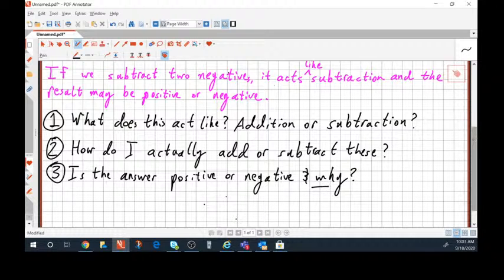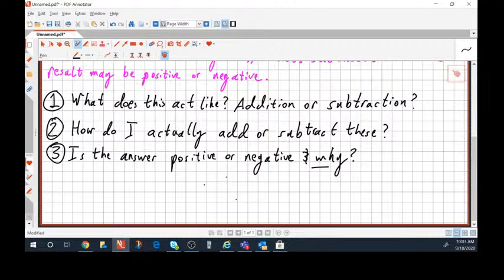Let's take a look. So if I had something like what we did yesterday, like -81 minus 37, that's a negative minus a positive. And the first question is, what does this act like, addition or subtraction? And when we do a negative minus a positive, it acts like addition. So we know it acts like addition.